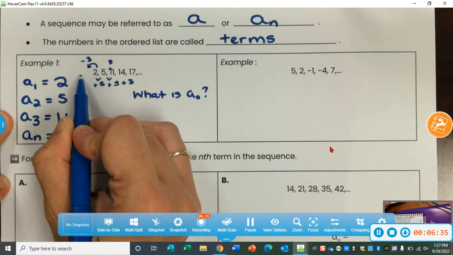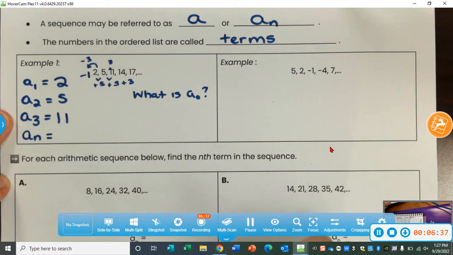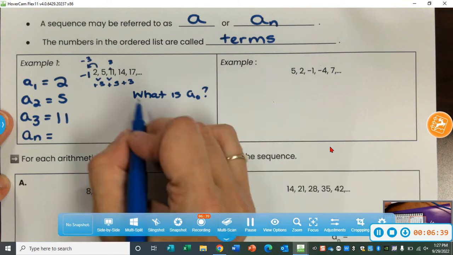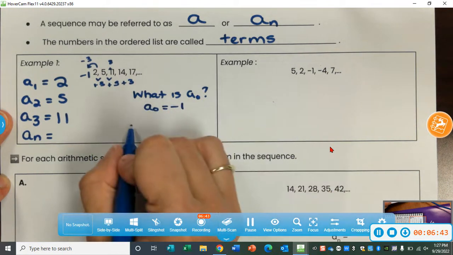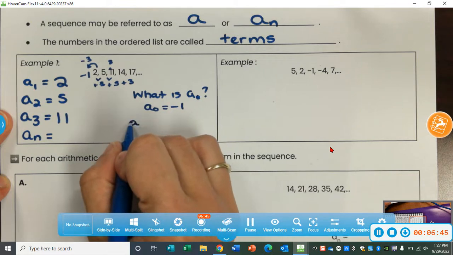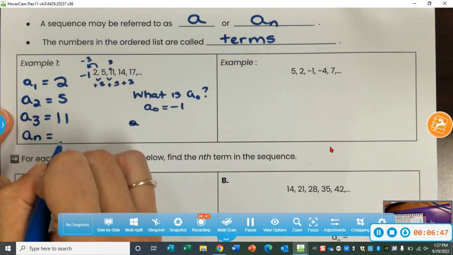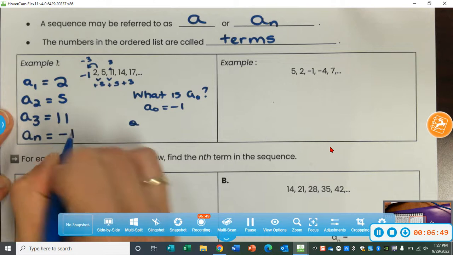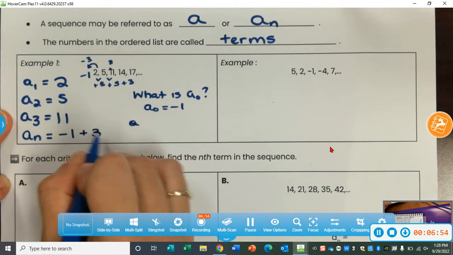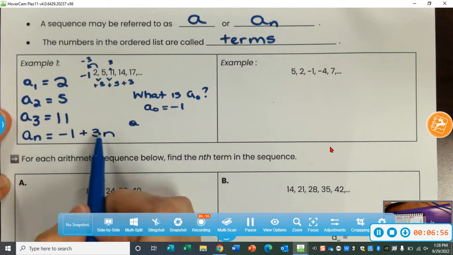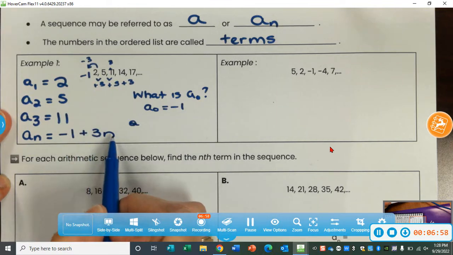So that would give us a negative 1. So our formula, since A0 is negative 1, AN is going to be the starting point, negative 1 plus 3n, because we're increasing our sequence by 3 every single time.